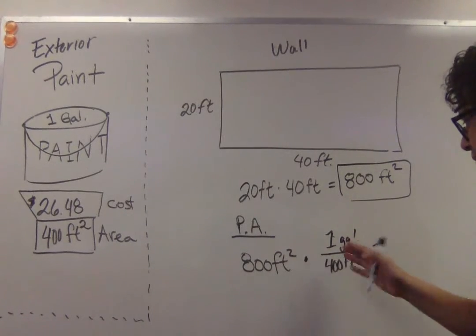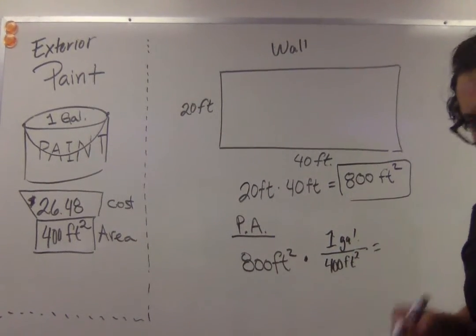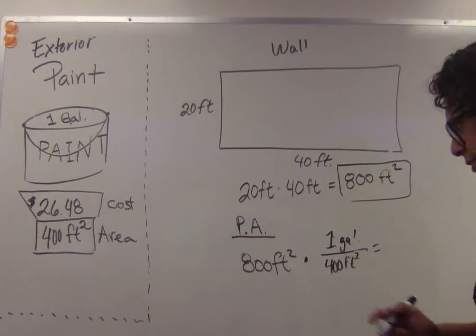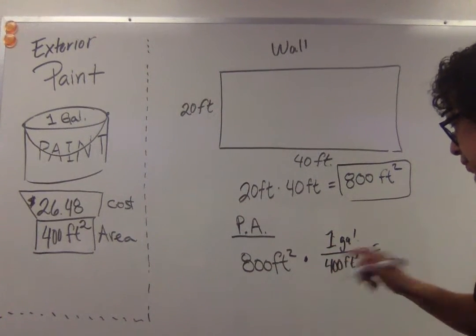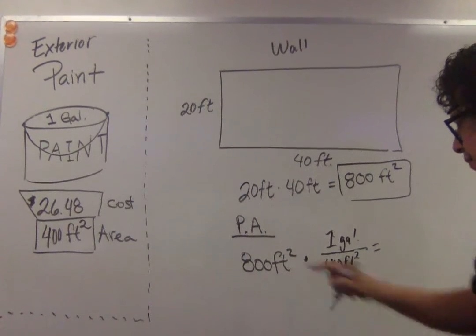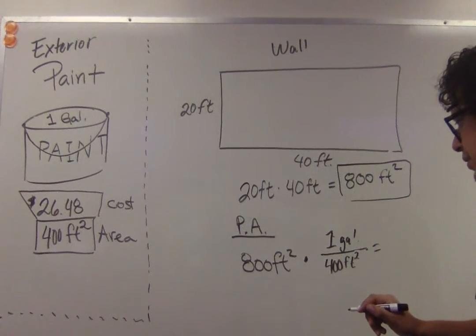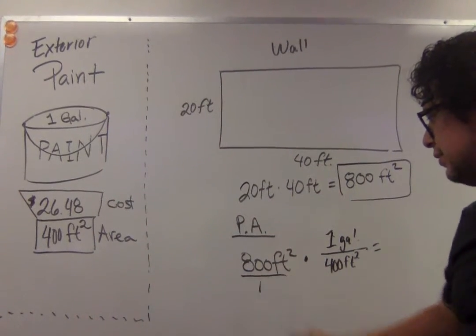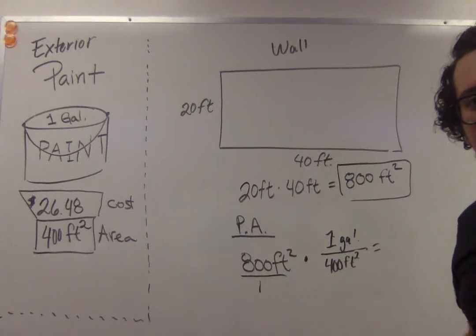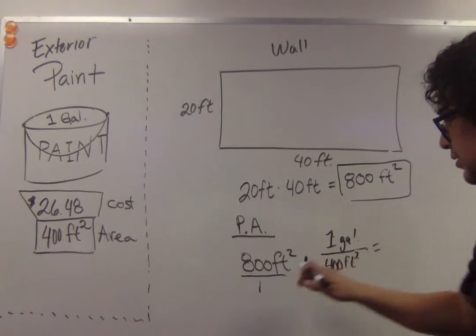And a ratio looks like a fraction, so we're going to treat it like a fraction. 800 feet times 1 over 400 feet squared, sorry. And the cool part about this is that I can just go ahead and put this over 1. I haven't changed anything. And then I can multiply straight across, right?